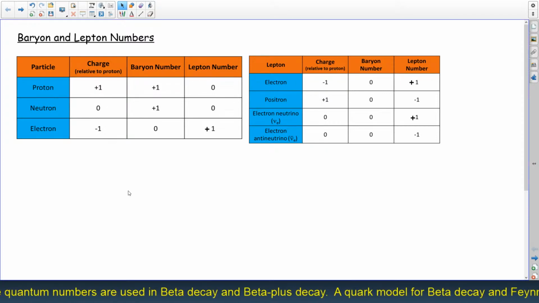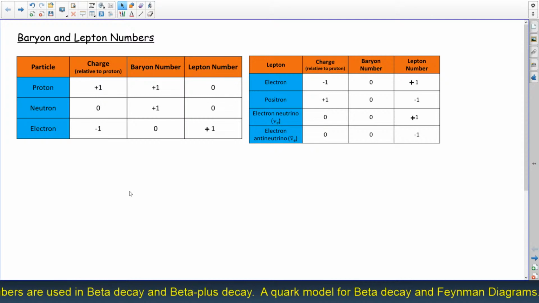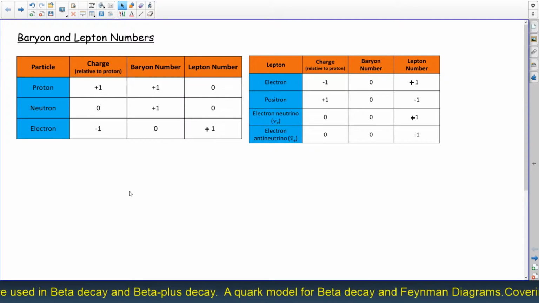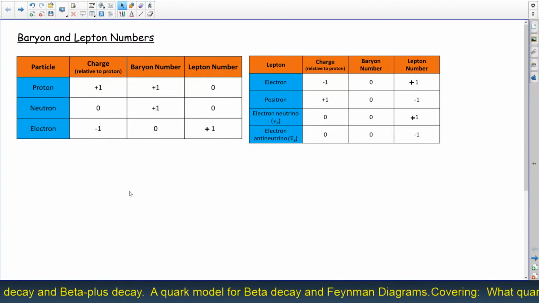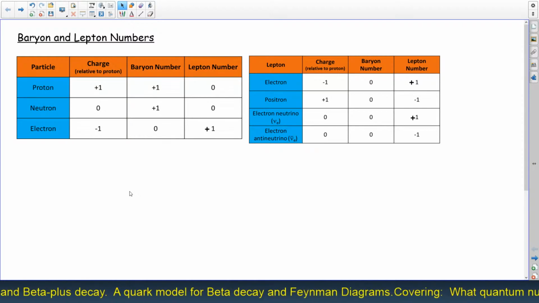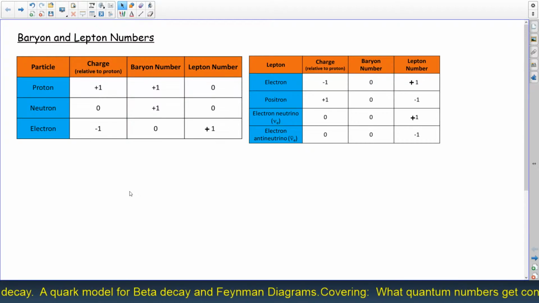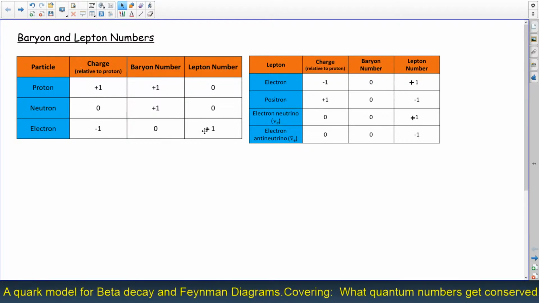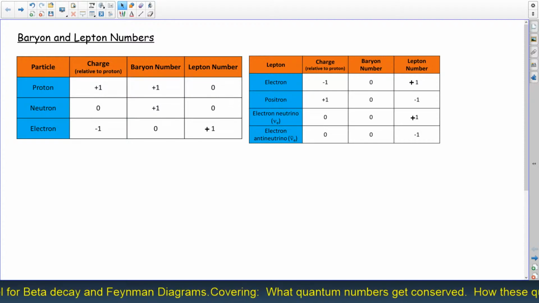These 3 will do us, because they are conserved throughout any reaction we want to take a look at. Now that's a conserved property. We know that momentum, for example, is conserved, provided no external forces act. We know that energy is conserved in a closed system, and these quantum numbers are also conserved. So this gives us a way of predicting and building models of what will happen in future.